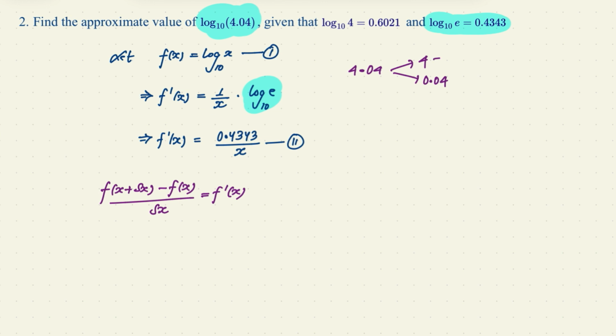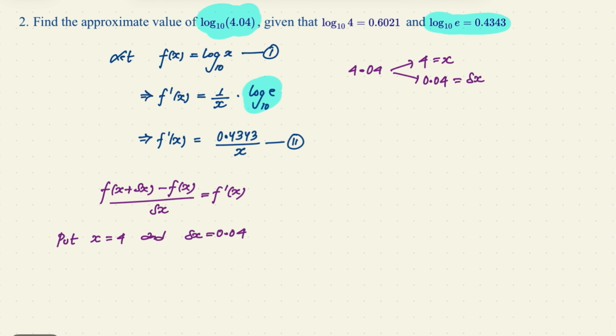So I will consider this 4 as x and 0.04 as the small number, that is del x. So put x equals 4 and del x equals 0.04 in the given equation.